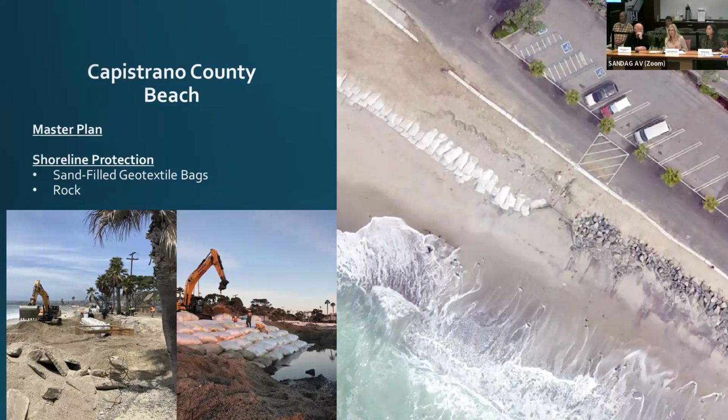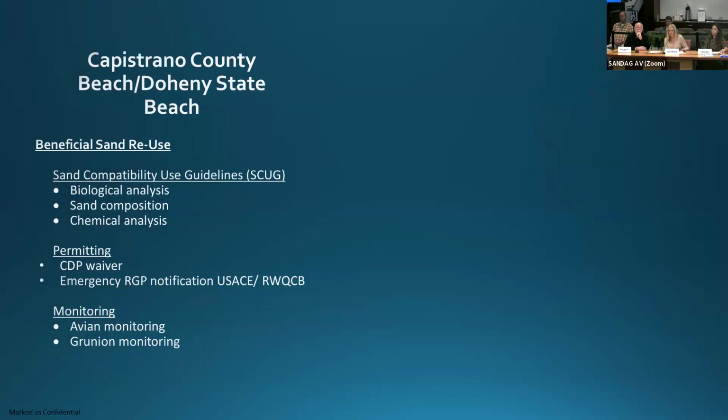The second alternative we tried to implement, what you see here, is these 4 cubic yard geotextile units. They're still holding up, but our permit is allowing us to put in riprap as we follow on and as they don't hold up.